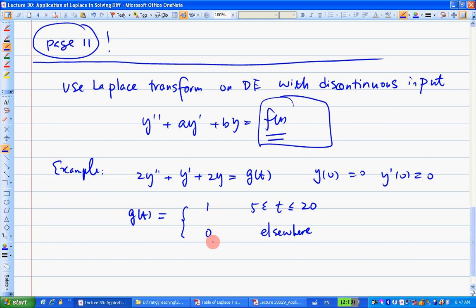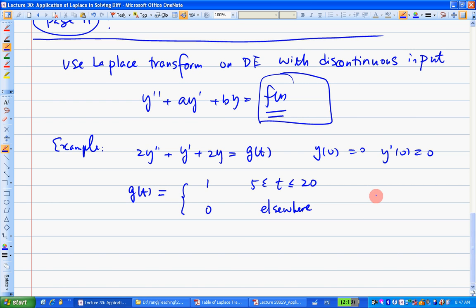If you plot it out, what does it look like? g of t exists only between t equal to 5 and t equal to 20. So this is 5 and this is 20. It only exists between these two, and between these two, the value is 1. So basically it's a box, right?